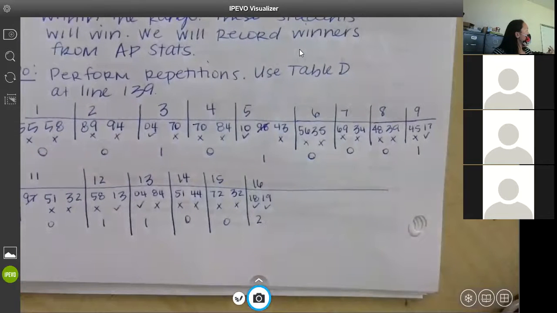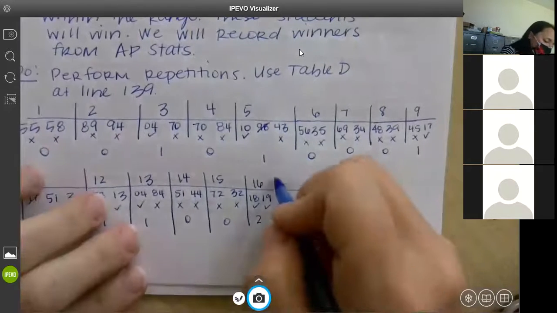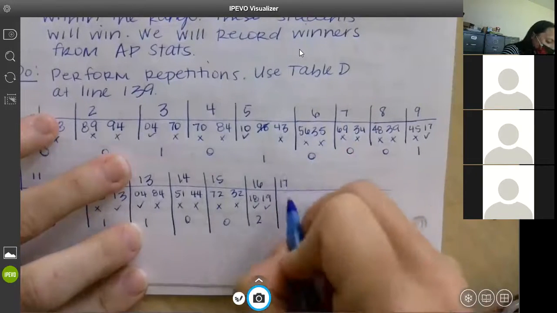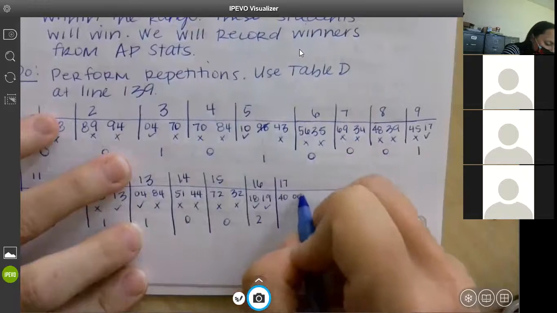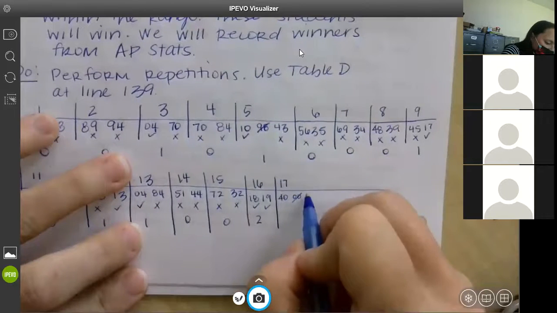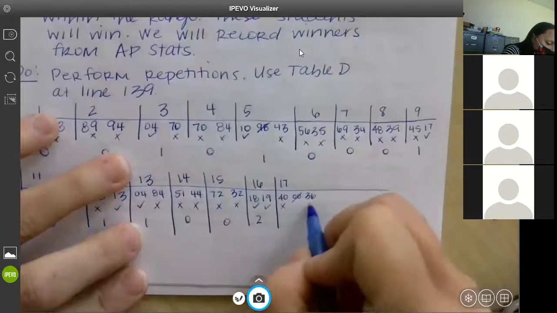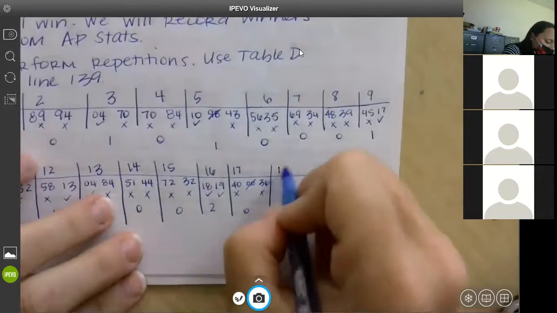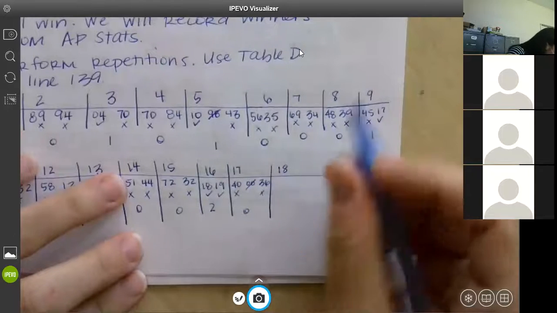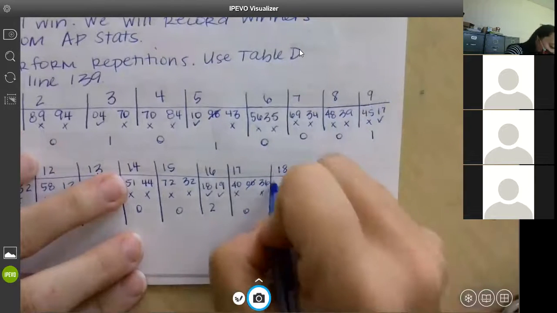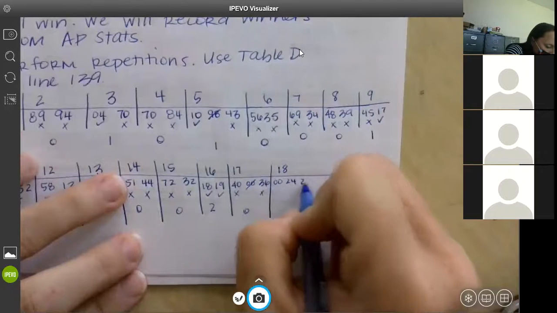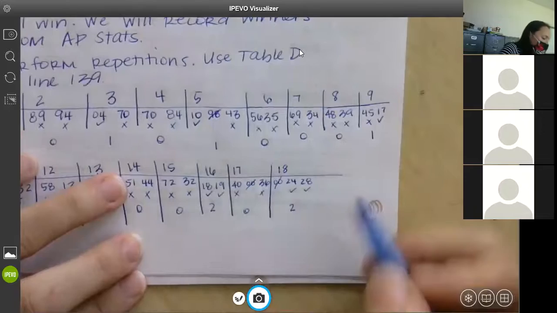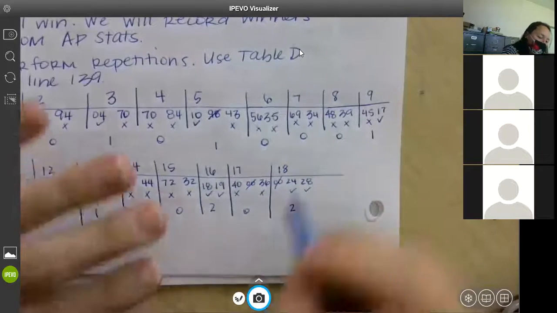Both stats, so we got 2. 17 is 40, 00. 00 is not in our thing, and 36. Neither of those are stats. 18 is 00, 24, and 28. Both of those are in stats.